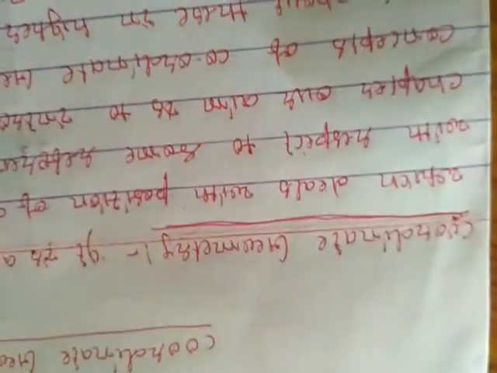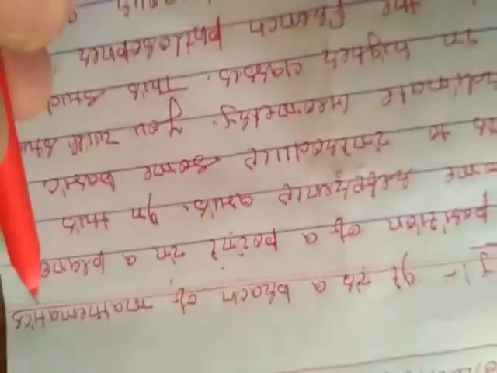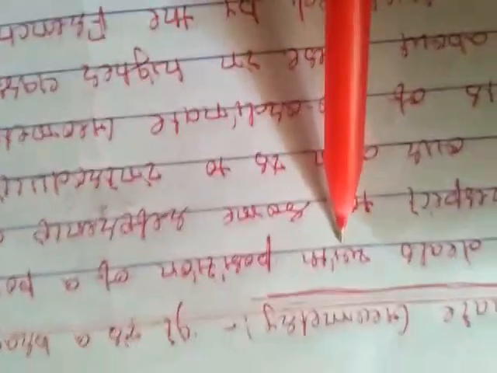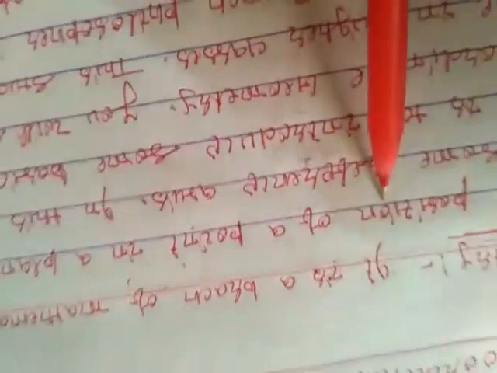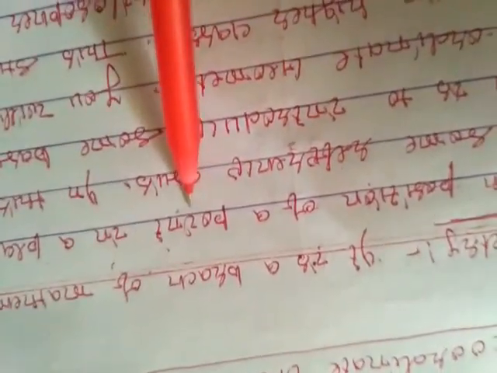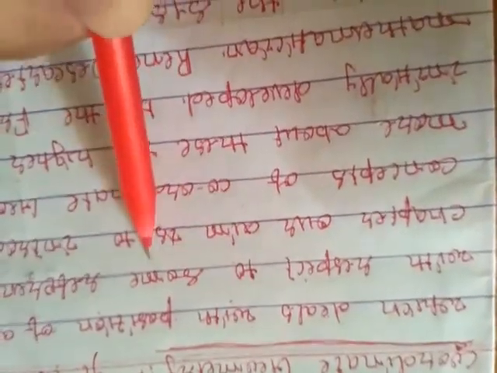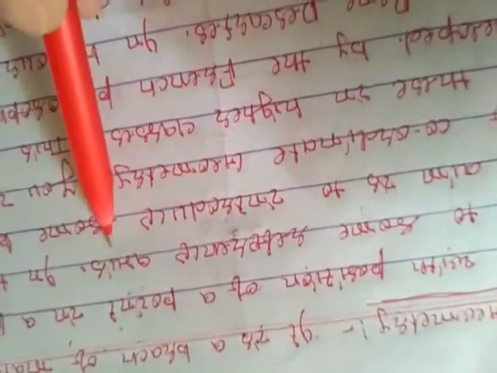Coordinate geometry is a branch of mathematics which deals with the position of a point in a plane with respect to some reference axis.